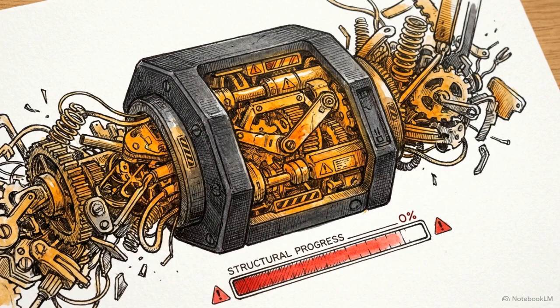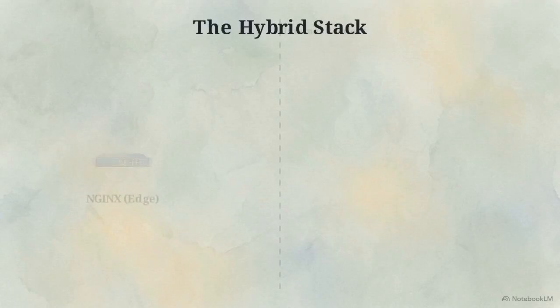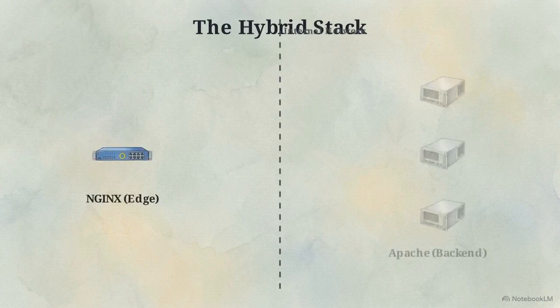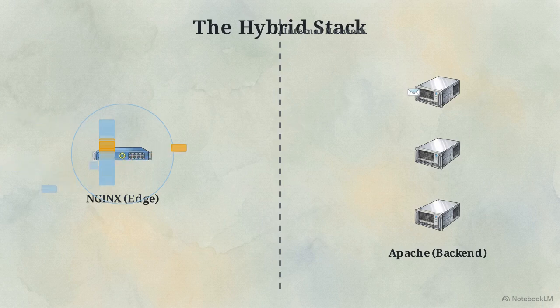natively. Engineers resolve this trade-off by combining both technologies into an industry-standard deployment pattern, the hybrid stack. In this configuration, NGINX sits at the network edge to buffer the immense concurrent connection load. It handles all the static files instantly, shielding the rest of the network.